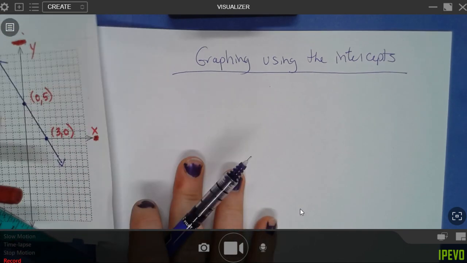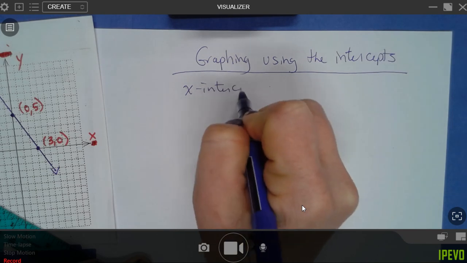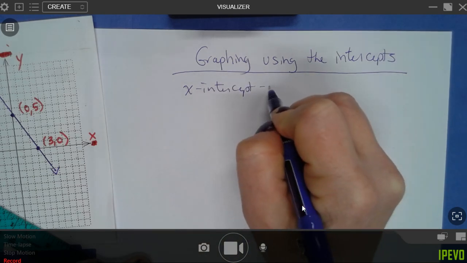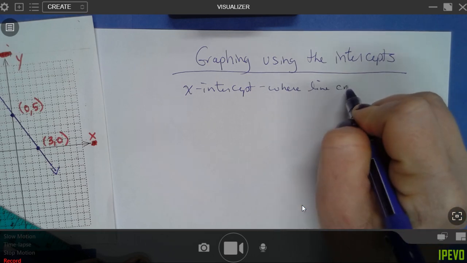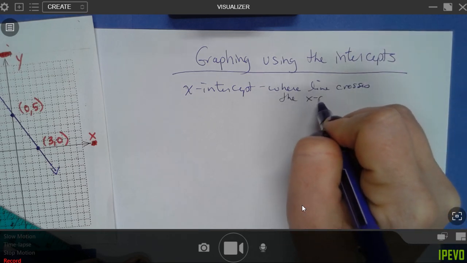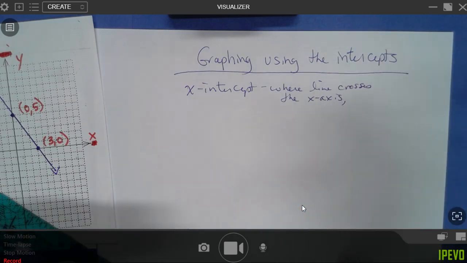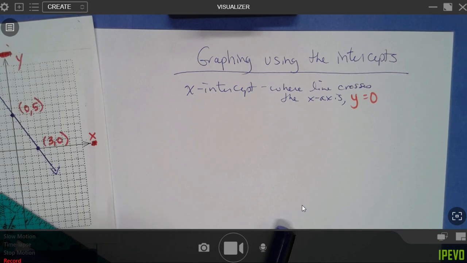So let's write that down. X-intercept: it's where a line crosses the x-axis. And the most important part, y equals 0 at the x-intercept.